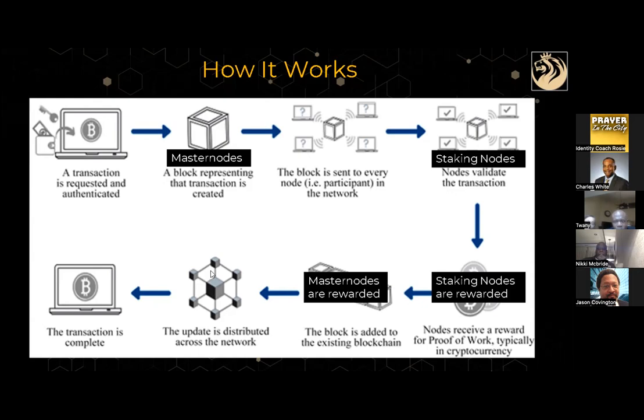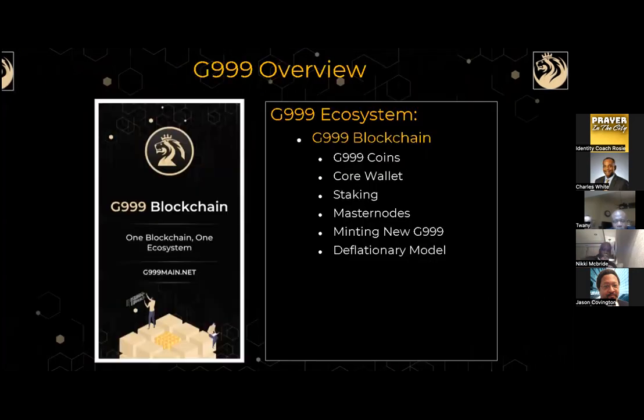And when it's done, boom, the transaction is complete. So it's very fast, even though it seems like it's hung up around here. That is the way our blockchain works. Now let's talk about these terms, master nodes and staking nodes, in the next few slides.